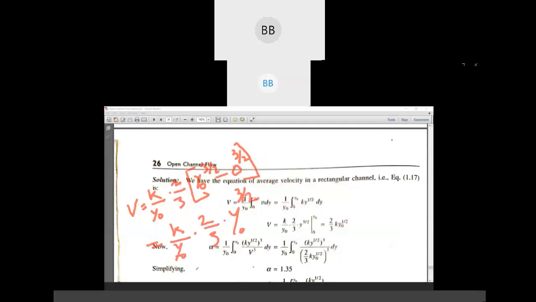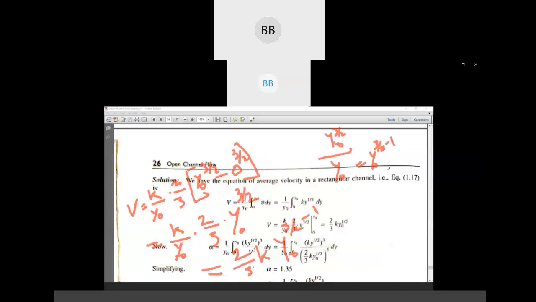So again if you simplify, 2 by 3 k, k will be there. Then we have y naught 3 by 2, as we have divided by y naught, so it will be minus 1. I think this thing you know. When you have y naught to the power 3 by 2 divided by y naught, you can write y naught 3 by 2 minus 1.